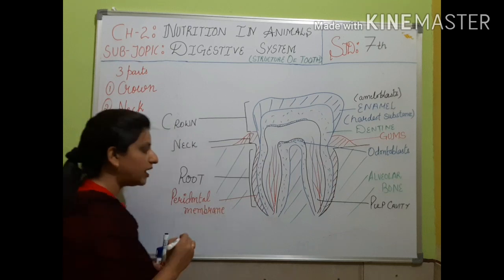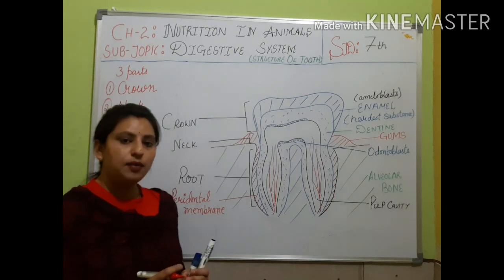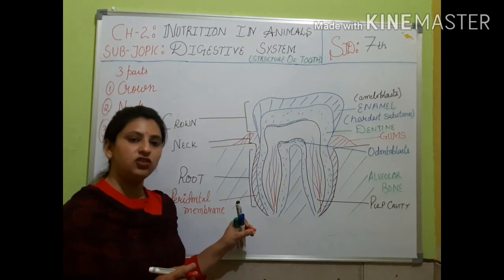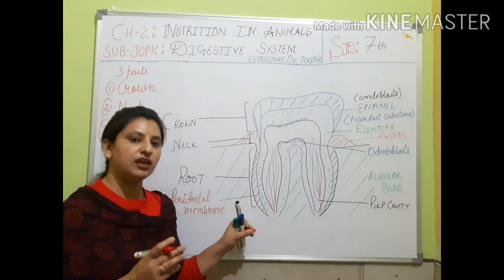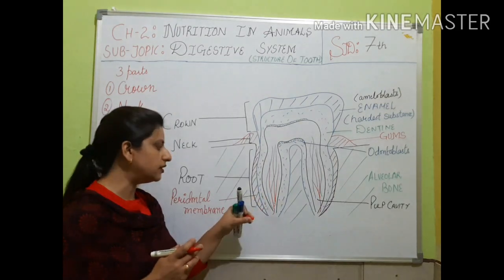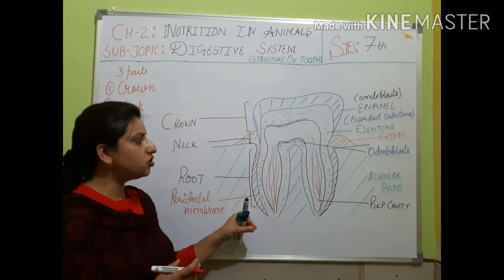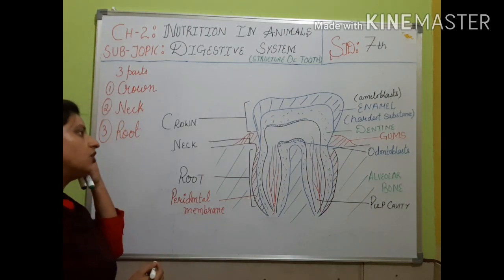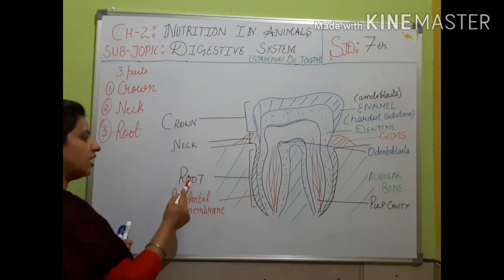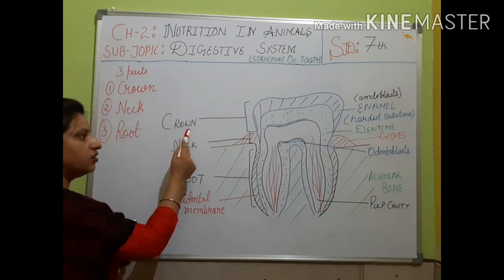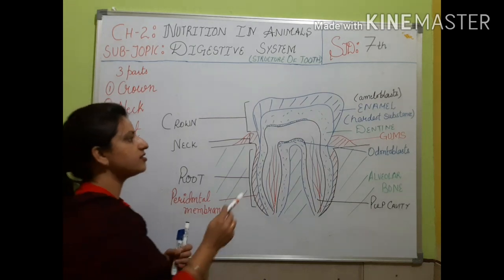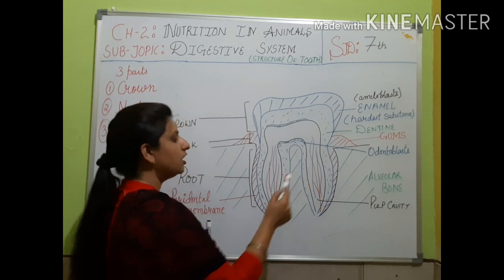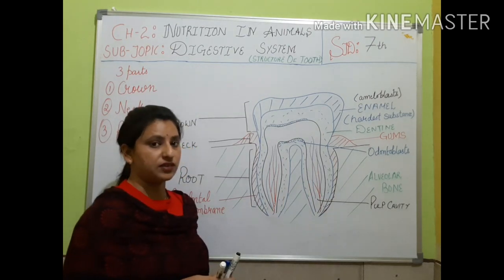This periodontal membrane binds the tooth with the bony socket, so it helps in making a grip of the tooth in the bony socket. So this is all about the three parts present in the tooth: crown, neck and root. The crown is divided into two main layers, enamel and dentine, and below this there is a cavity called the pulp cavity.